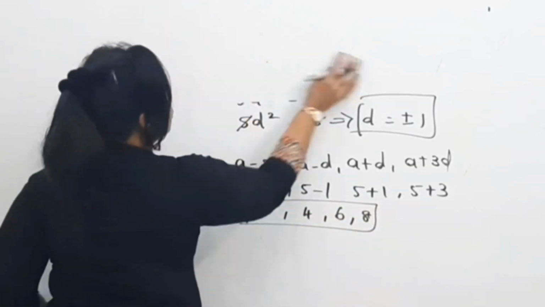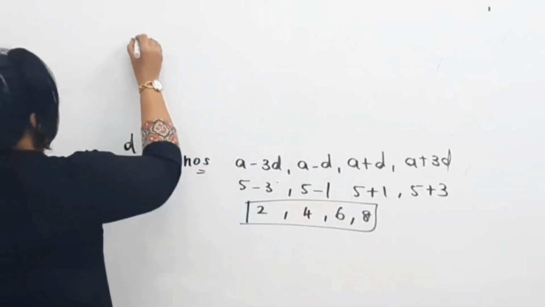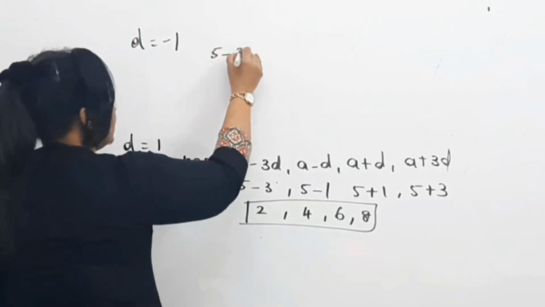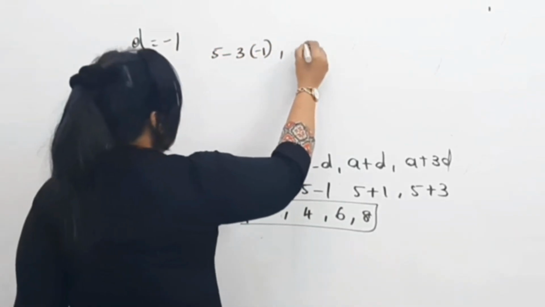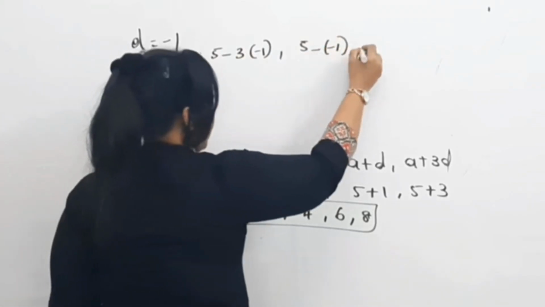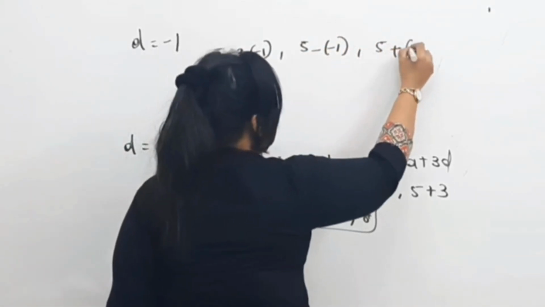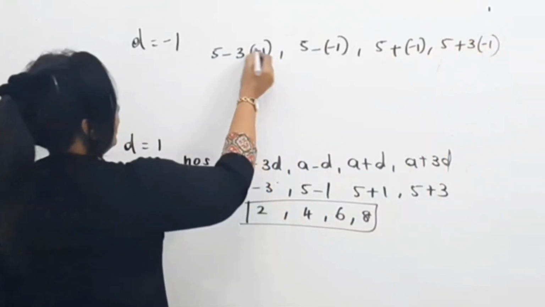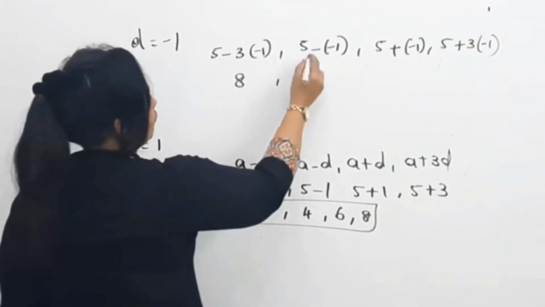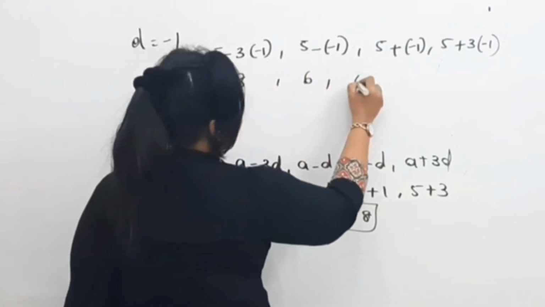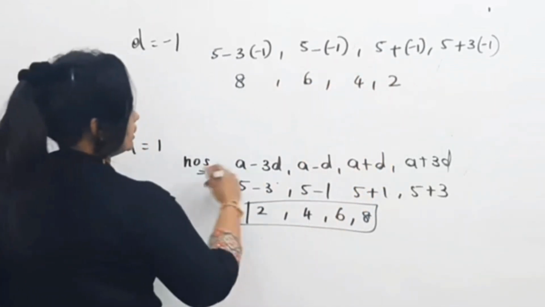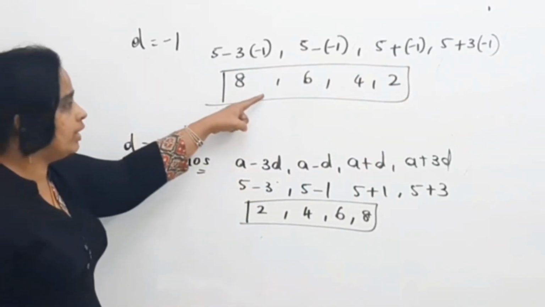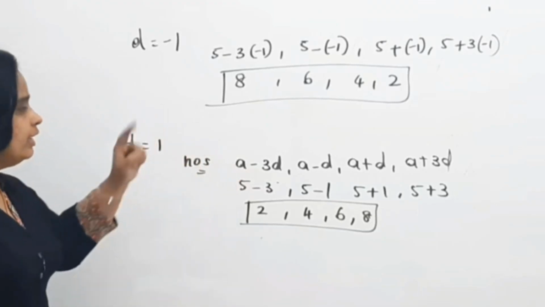When d is equal to minus 1, my numbers are 5 minus 3 into minus 1, 5 minus of minus 1, 5 plus of minus 1, 5 plus 3 into minus 1. So I would get 8, and then 5 plus 1, that is 6, and then 4, and then 2. So this just becomes the reverse. So when d is equal to minus 1, my numbers are this, and when d is equal to 1, the numbers are this.